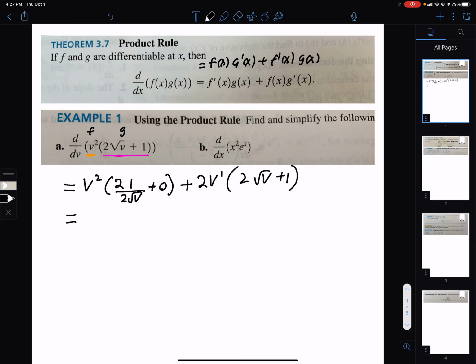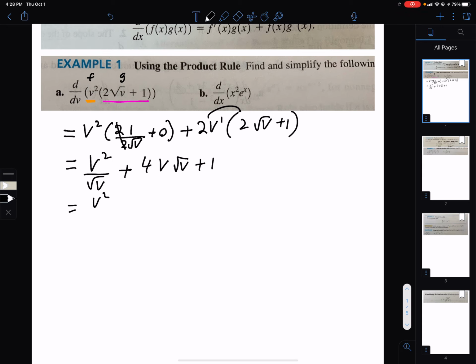Now, simplifying this gets kind of crazy. Let me rewrite this. Those 2's cancel, so that's going to be over v. And then I'm going to distribute that. It's going to be a 4, v times radical v, plus 1.